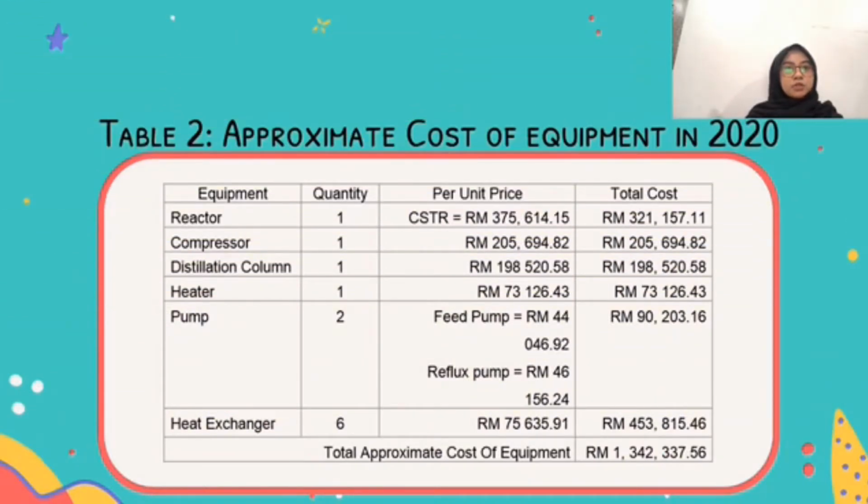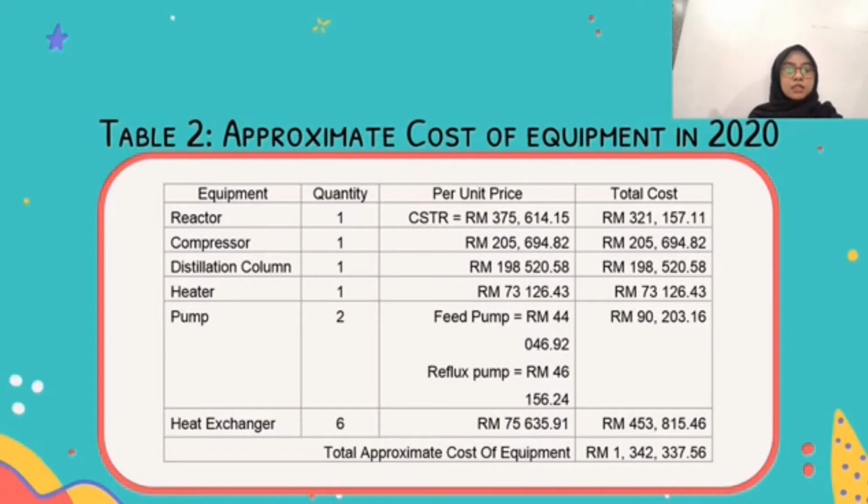Okay, Table 2 shows the approximate cost of equipment in 2020, and as you can see, the total price for the reactor is 321,157.11 cent. For the compressor it is 2,005,694.82 cent. For the distillation column, the total cost is 189,520.55 cent.